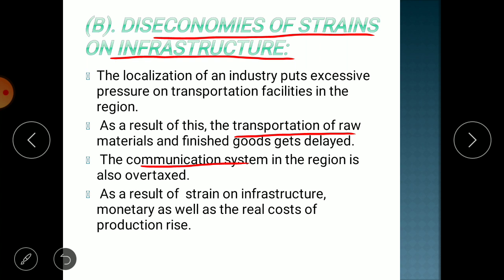Then another example you can take is of an insurance company, that if you expand your firm beyond a capacity, then risk is also increasing, and insurance is having a direct relation with risk, that if risk increases, your premium also increases. Then you can take the example of water facilities also.